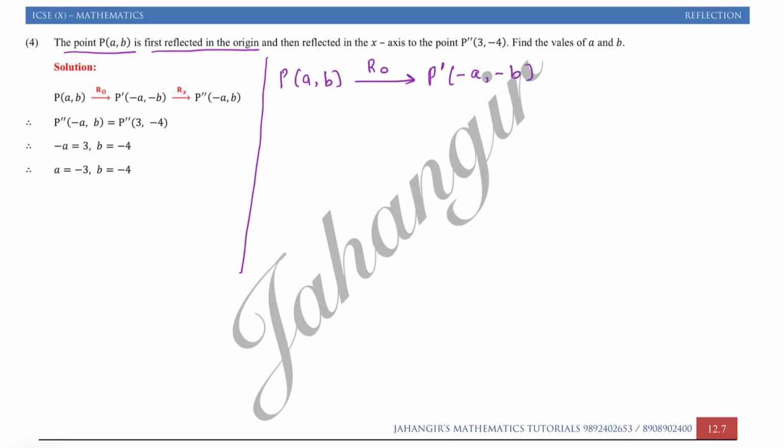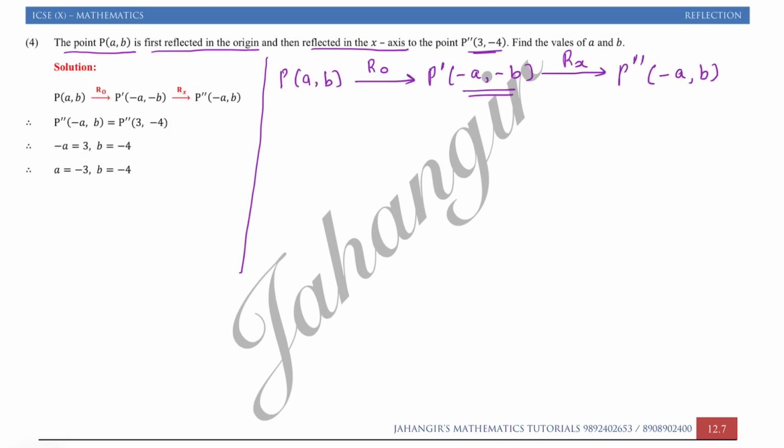Both signs will change, and that point is now reflected in the x-axis, giving P double dash. When (minus a, minus b) is reflected in the x-axis, its y coordinate will change sign. So it will become (minus a, b).